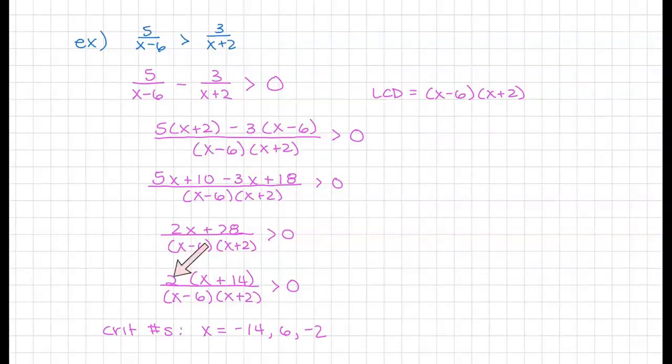So that 2 does not make a critical number. It does make a factor, though. So I can put that in my sign chart. And then x plus 14, and then x minus 6, and x plus 2. And let's see, negative 14 is the smallest, negative 2 and 6.